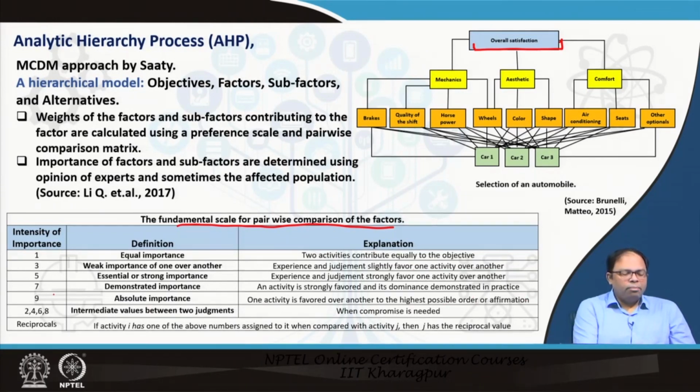And 1 by 9 is the reciprocal. That means if one activity is maximum preferred, the other activity is least preferred. So in a matrix, I will just show you.